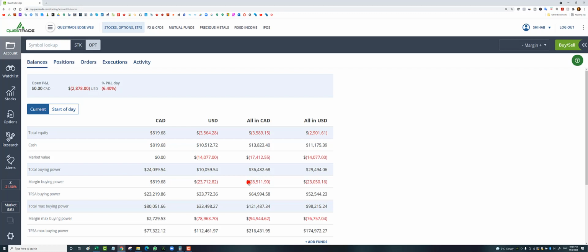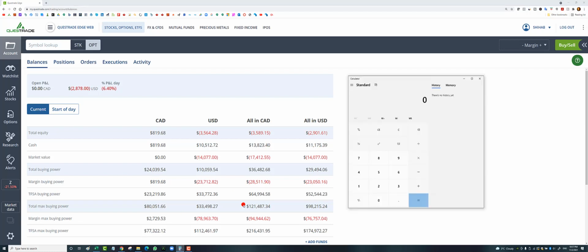Because right now, just the trades in my margin account, if I just rely on margin buying power, I'm actually negative 28,511. So I don't have enough. So if I'm negative 28,511 from my margin buying power, that means the cash that's in my margin account isn't enough. That means I've used the buying power that's generated from my cash plus an extra 28,511 in negative.